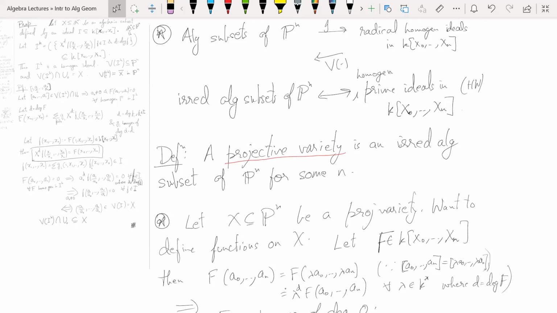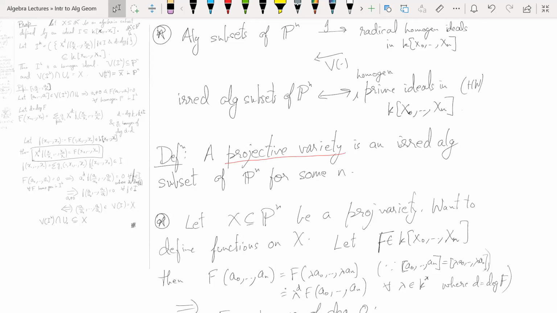But we haven't talked about morphisms between projective varieties. We'll first define functions on projective varieties, and then maps between varieties. Then we'll see that two projective varieties may be isomorphic even if their homogeneous coordinate rings are not isomorphic.